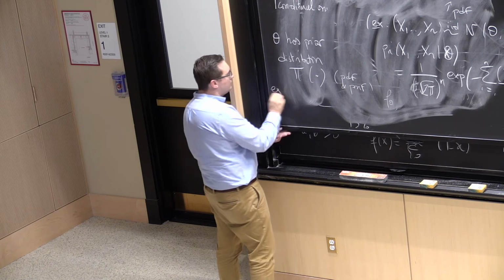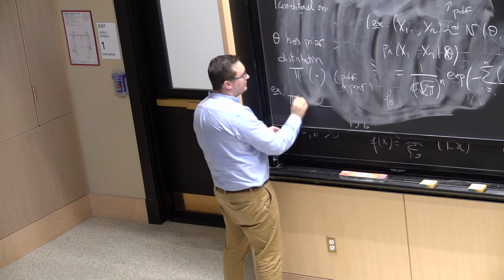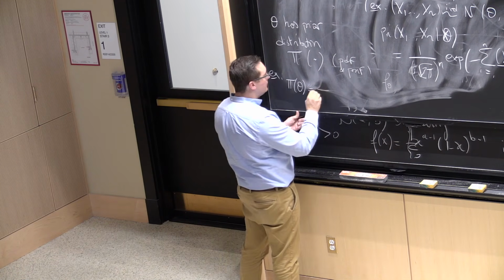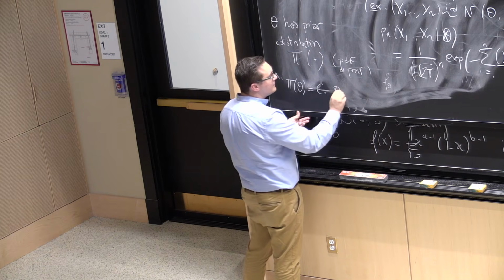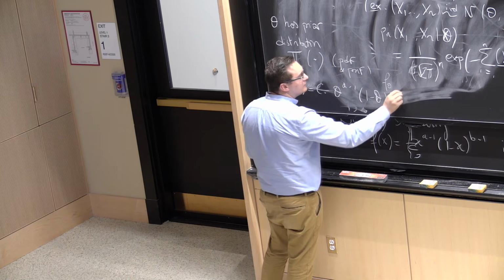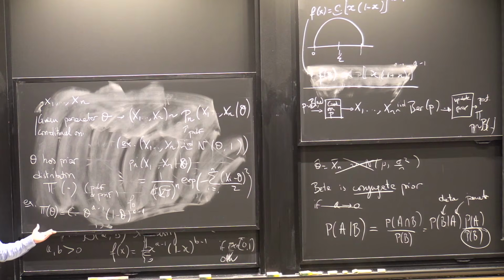For example, pi of theta was some constant times theta to the a minus 1, times 1 minus theta to the a minus 1. So it has some prior distribution, and that's another PDF.